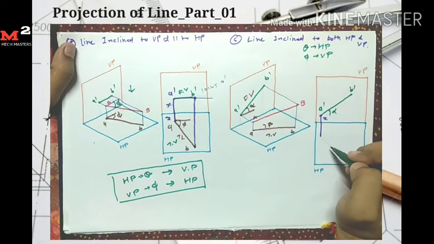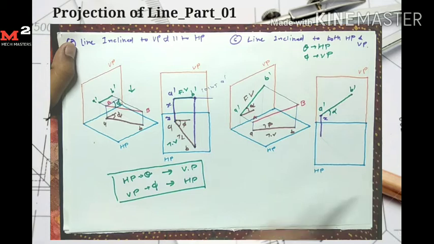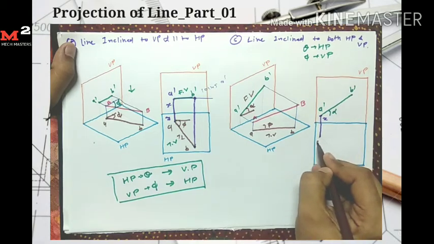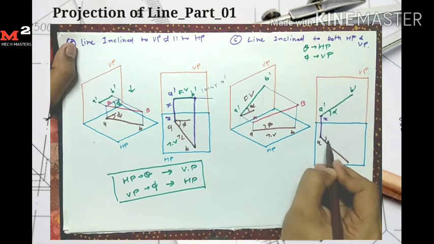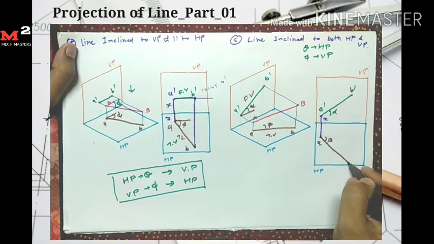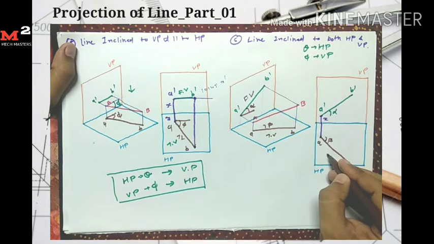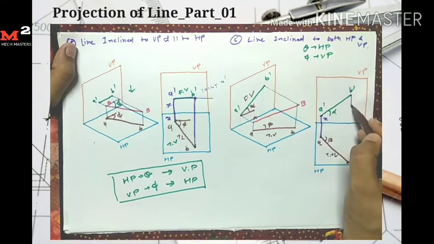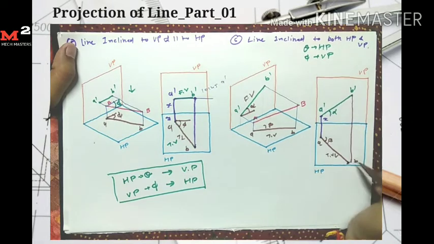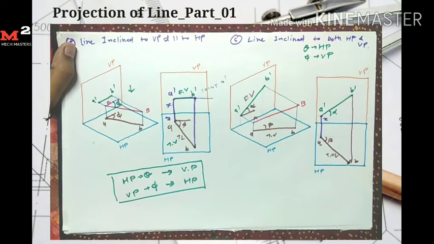This angle is alpha. From here I get the point A, and from the A point I take the angle beta, and the length is equal to the top view length. So here I get the point B. Here you see that B dash and B are on the same vertical line.